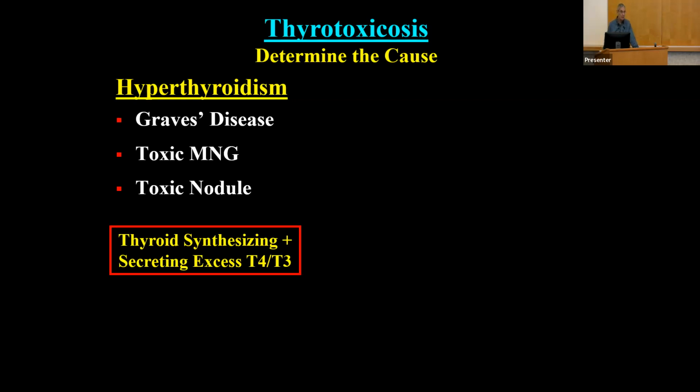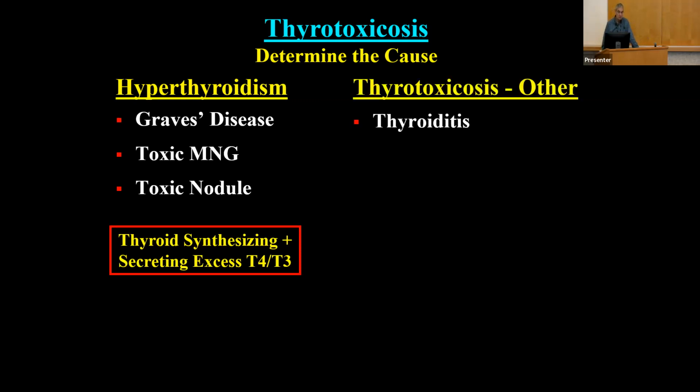So that's called hyperthyroidism. Everybody calls everything hyperthyroidism, and that's fine. But if you talk to some pure thyroidologists, these are the only conditions that actually are called hyperthyroidism because the gland is hyperactive. Whereas thyrotoxicosis of other causes like thyroiditis, where the gland is inflamed and spilling out thyroid hormone, is thyrotoxicosis, but not hyperthyroidism, okay?